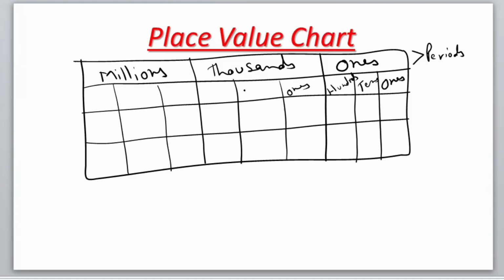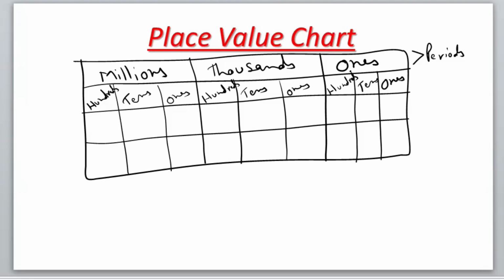Ones, tens, hundreds. Similarly here also ones, tens, hundreds. So these are called periods: ones period, thousands period, and millions period.